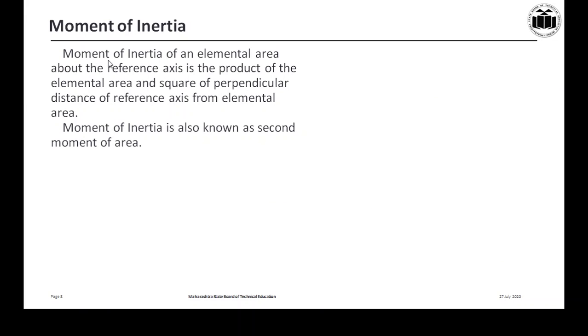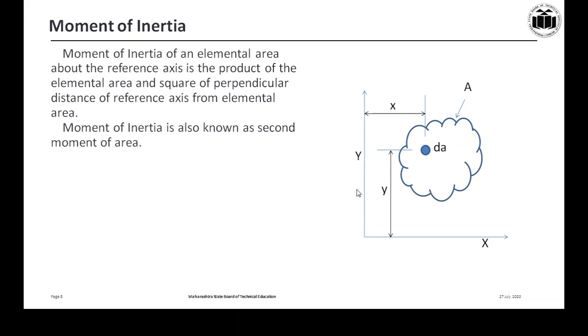Definition: moment of inertia of an elemental area about the reference axis is the product of the elemental area and square of perpendicular distance of reference axis from elemental area. Moment of inertia is also known as second moment of area. Now concentrate on the figure.